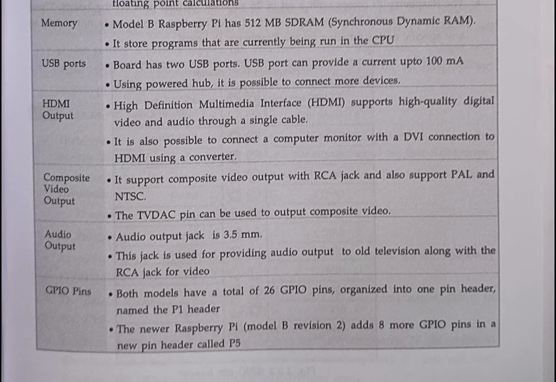Then we have GPIO pins. Both models have a total of 26 GPIO pins organized into one pin header named the P1 header. The newer Raspberry Pi model adds 8 more GPIO pins in a new pin header called P5. So in the newer model there are more GPIO pins.